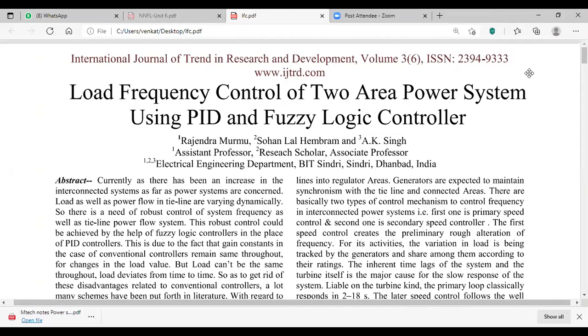So you need to monitor always the power flow in the tie line as per the varying dynamics. Okay, see, your generators are expected to maintain synchronism with the tie line and connected areas. So you have two types of control mechanisms to control frequency in the interconnected power system.